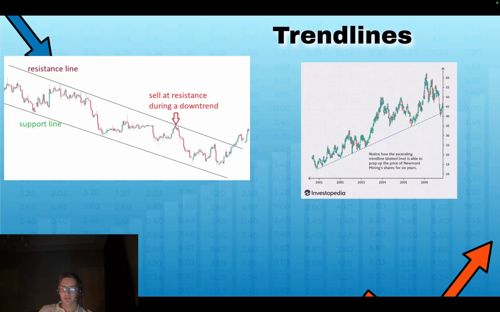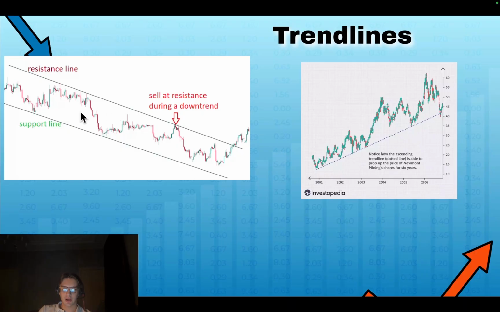Then trend lines, also a way to identify support and resistance. Pretty much the same, except we have constantly lowering lows and lowering highs in a bearish trend line, or in an ascending trend line, it's constantly higher highs and higher lows.